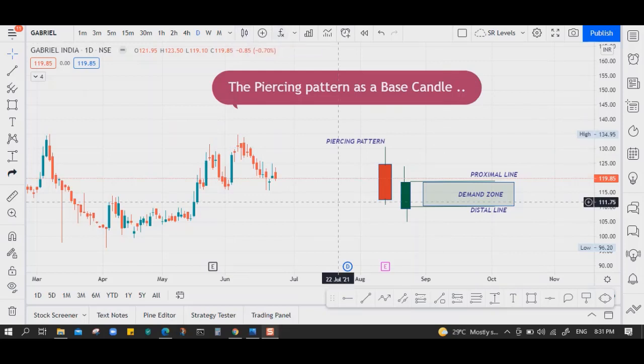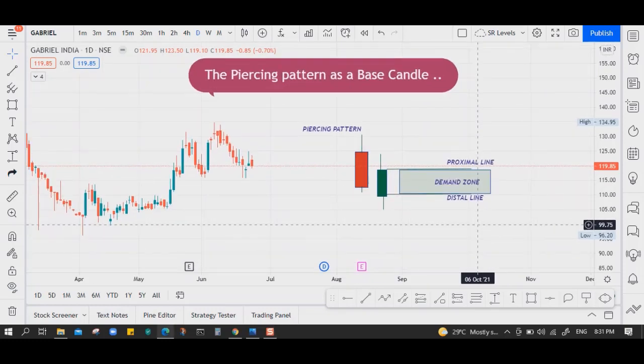So when you identify a big move and you notice that it begins with a piercing pattern, the first thing is to draw the demand zone by drawing the proximal at the close of this candle and the distal line at the open of this bullish candle. Okay, and if the bearish candle wick is below the wick of the bullish candle, then you draw the distal line at it. Understand?